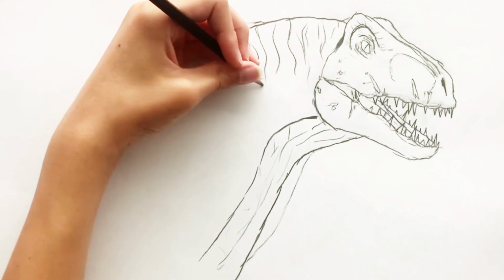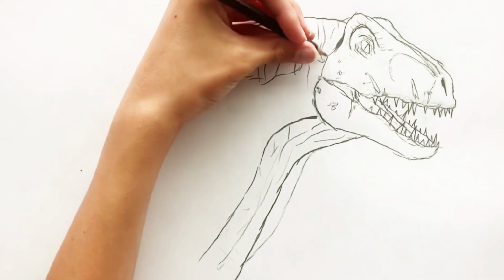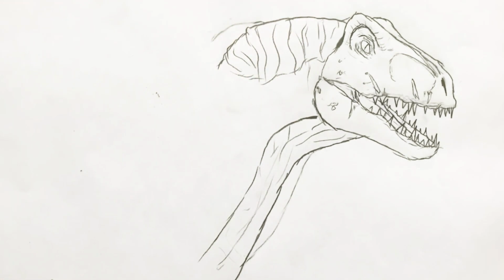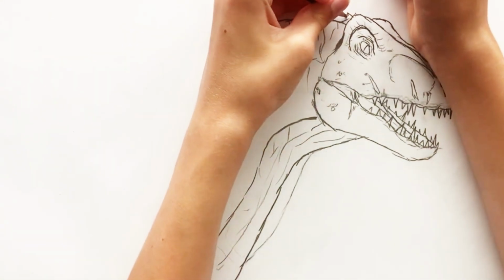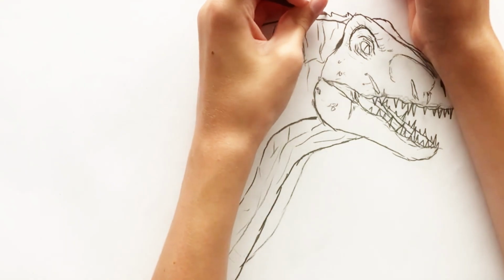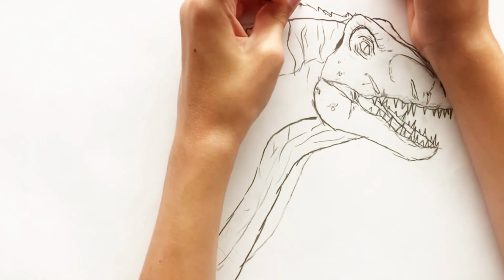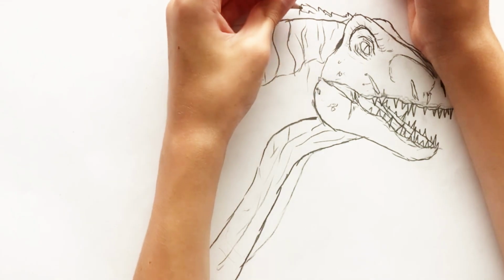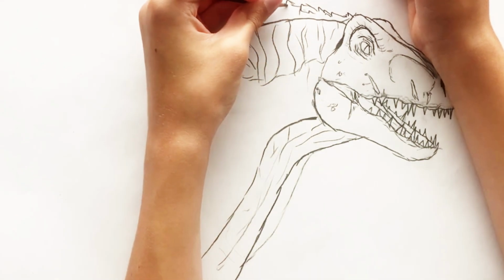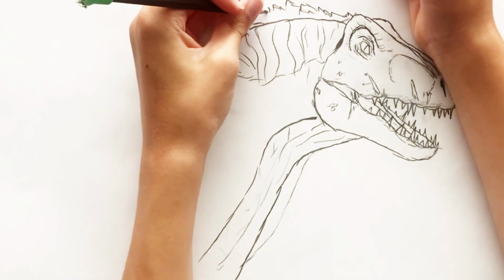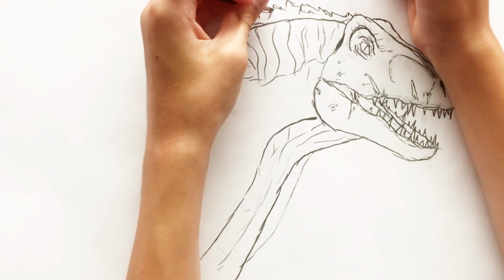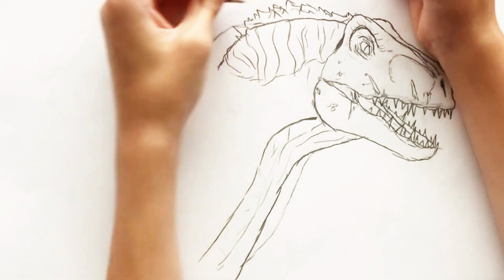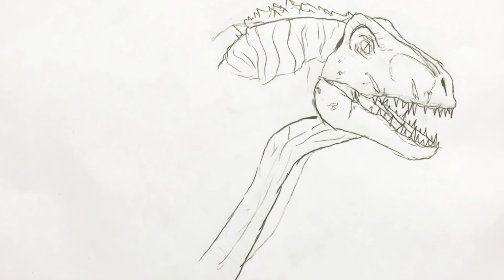And I don't even think I've drawn the Indoraptor on this channel, so it's just gonna be like that. And now this is just going to come up like that. And so just something like that. So yeah, that's the neck and head area.